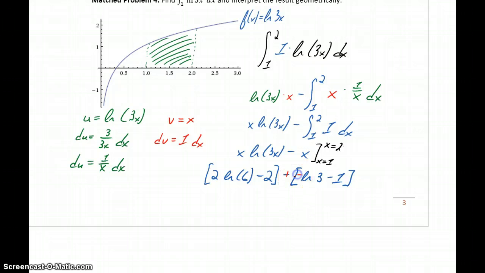So again, distributing that negative through, we get negative natural log of 3 plus 1, which is going to give us 2 times the natural log of 6 minus 2 minus the natural log of 3 plus 1, or approximately 1.4849.